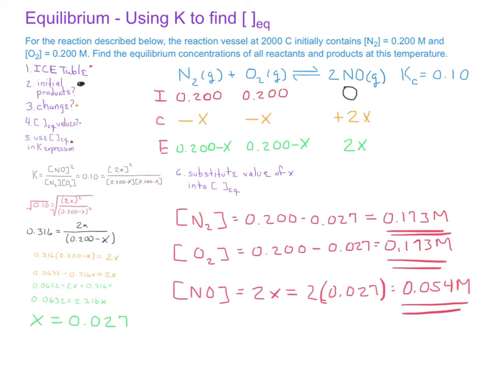In some situations you'll have an x squared term and an x term and then a numerical term without x, and in those situations you'll have to use the quadratic equation. You could either use a quadratic equation solver on a smartphone or on your programmable calculator, or you could solve a quadratic equation longhand.